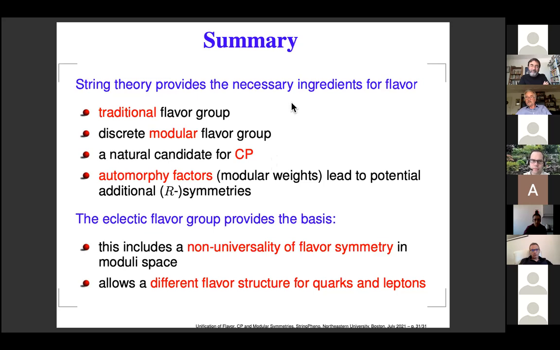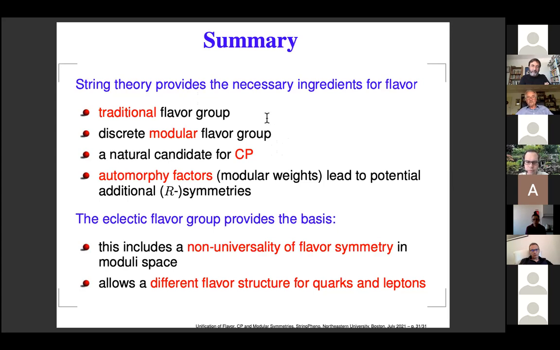If you have a modular symmetry, the modulus breaks the symmetry. Whereas in all these others, you have to invent new fields, so-called flavon fields, that need to get a vev to break the symmetry. Here, in this picture, you don't need flavons. The moduli which are there themselves do it.